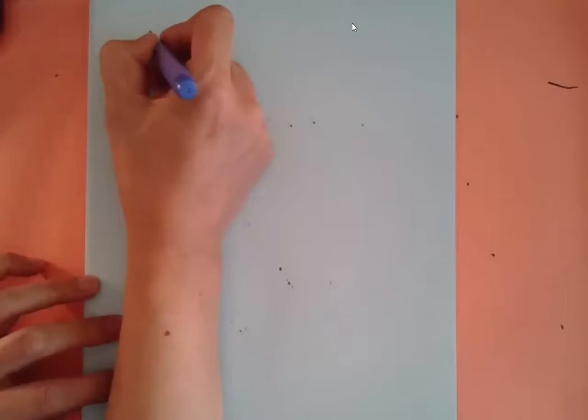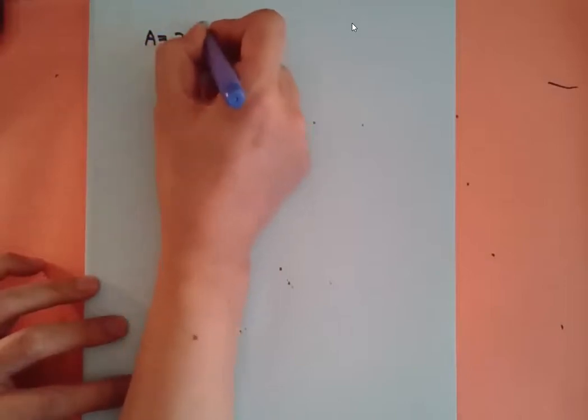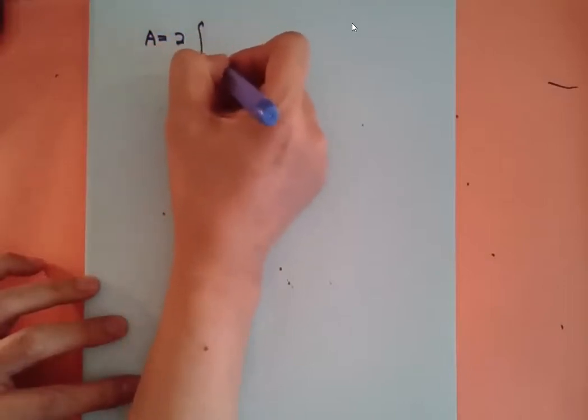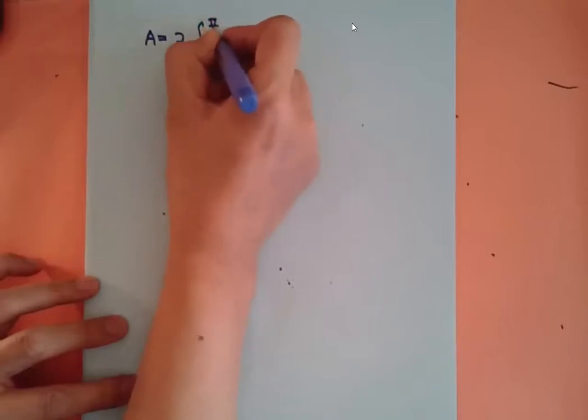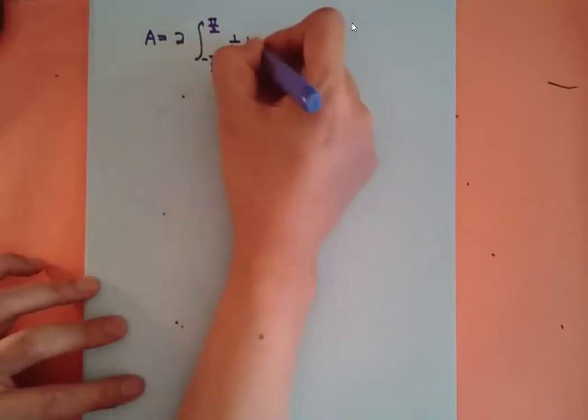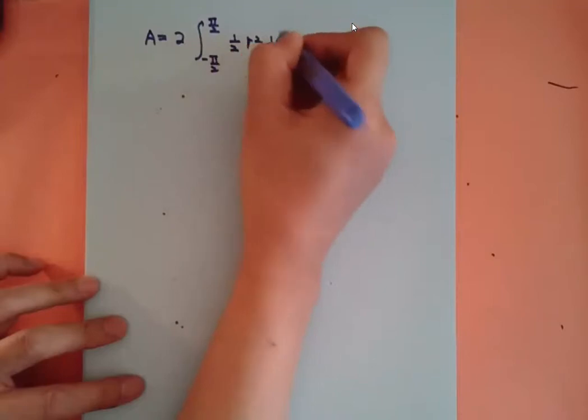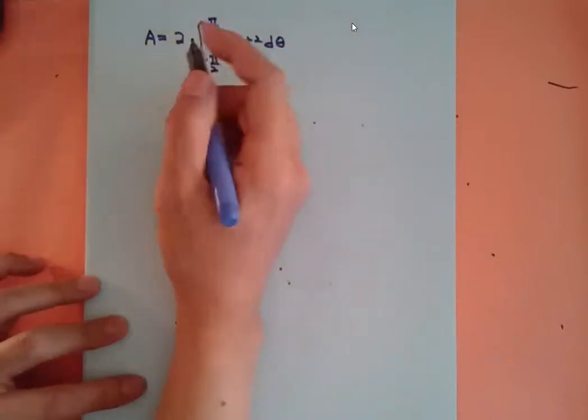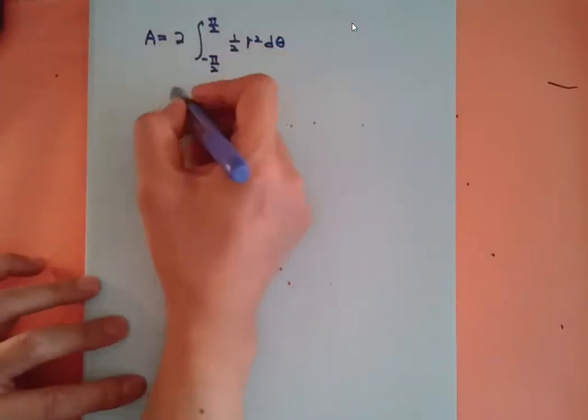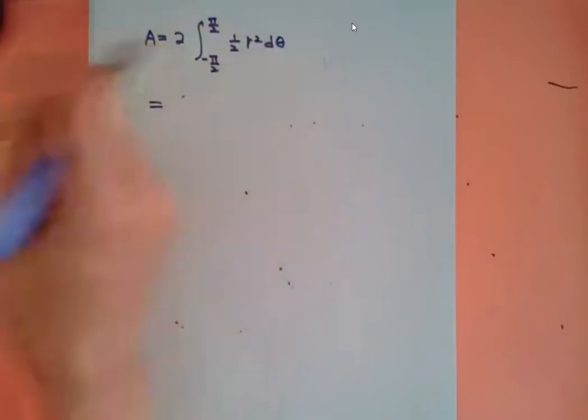So the area is 2 times the integral from minus pi over 2 to pi over 2 of 1 over 2 r squared d theta. In this region, the red graph is involved.